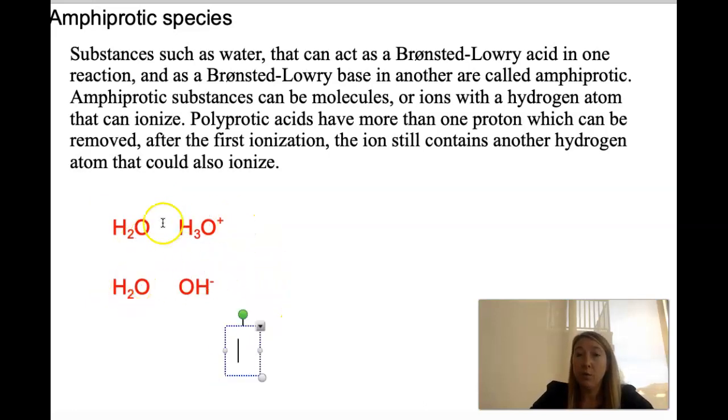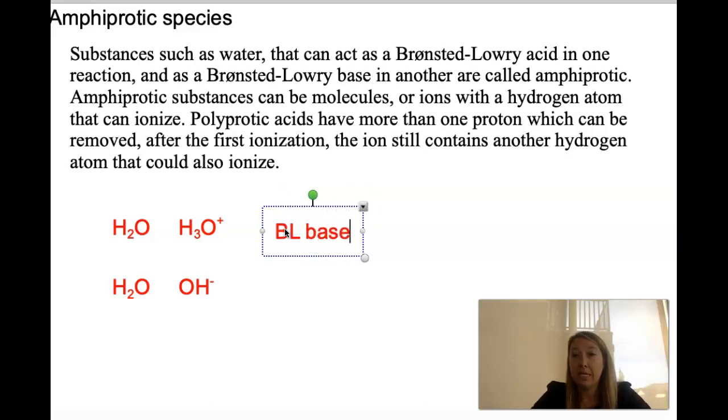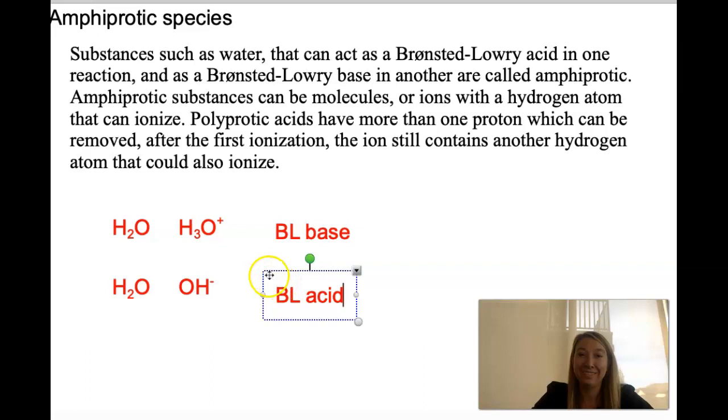So these are both water equations, but in these equations, it's doing something different. So in this one here, this had two H's and this had three. So we just gained a proton. So if you think about the definition, it's a Bronsted-Lowry base that is going to gain a proton. But here, when we look at the second one, water turned into hydroxide. So it now has one less hydrogen. So it is a Bronsted-Lowry acid.